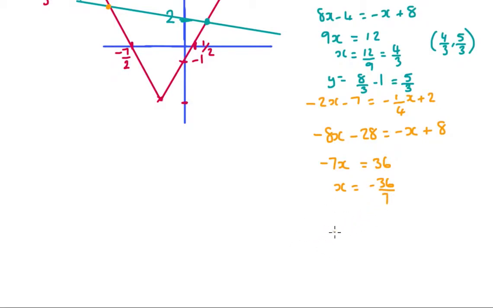And when x is negative 36 over 7, y, remember we need to use this line here, so the minus 2x minus 7 one, is going to be minus 2 lots of this, so it's going to be positive 72 over 7, take away 7.